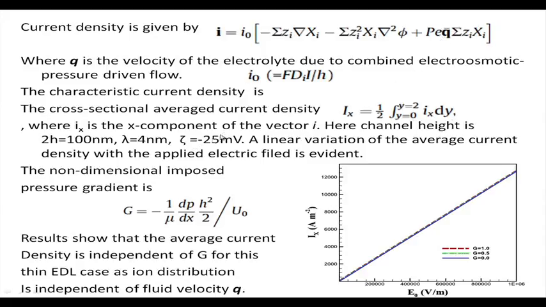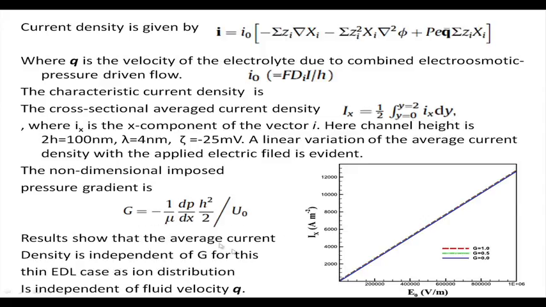Now, through the Nernst-Planck solution, whatever equations we have solved, we define Ix as the cross-sectional average current density. What we have done here is a combined flow of electroosmotic and pressure-driven flow. That means a constant pressure gradient is also applied along the axis of the channel, measured by this non-dimensional factor g.